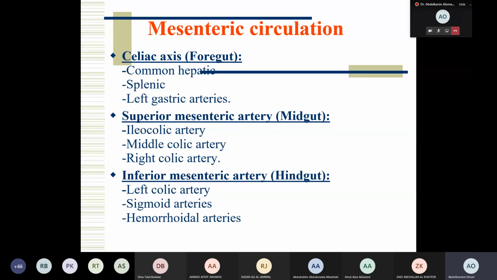Systemic is different from portal. Here we are talking about portal circulation inside. So the left gastric with the esophageal is one of the defects that will cause esophageal varices. However, we are not going to talk about the celiac axis. We are going to talk about the other two.